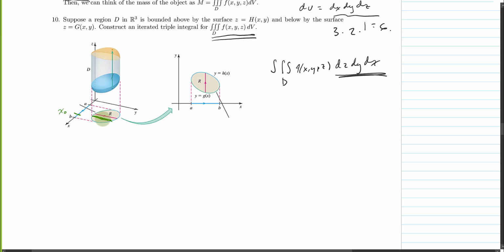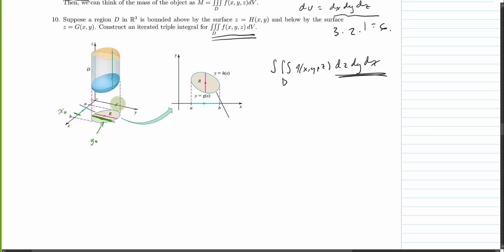So then inside of that, I'm going to fix one of my y coordinates. So I start with a fixed x coordinate, and that gives me this region parallel to the y-axis, that all of these xy ordered pairs have the same first x coordinate. So I iterate along that.